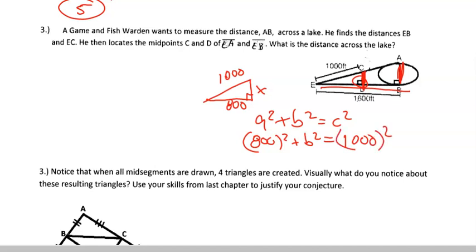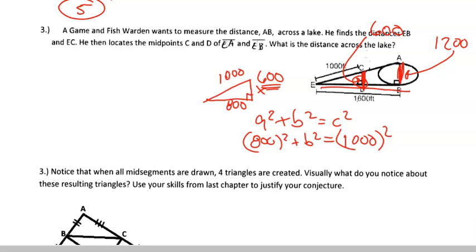If you did this in your calculator, you would end up with 600. So the midsegment is 600. If the midsegment is 600, then what is going to be that third side? It is going to be 1,200 feet.